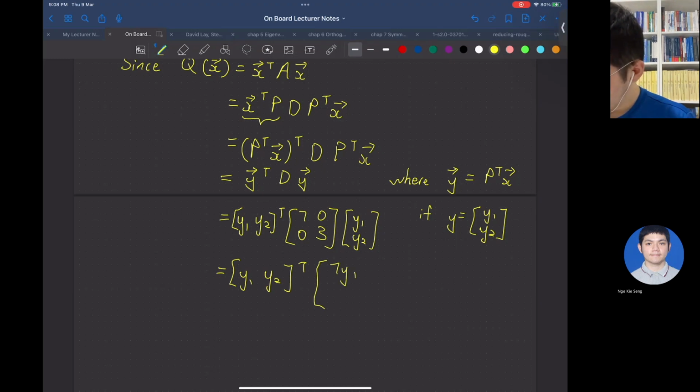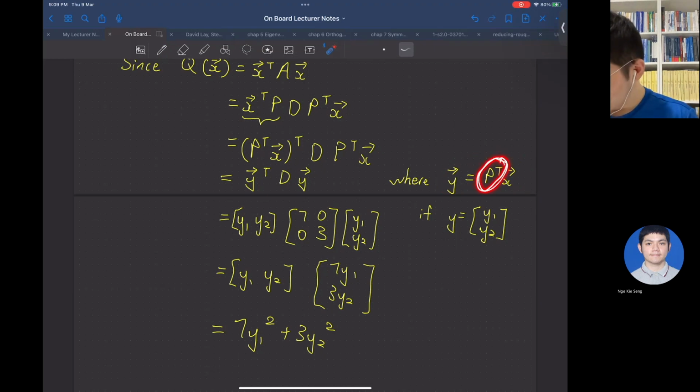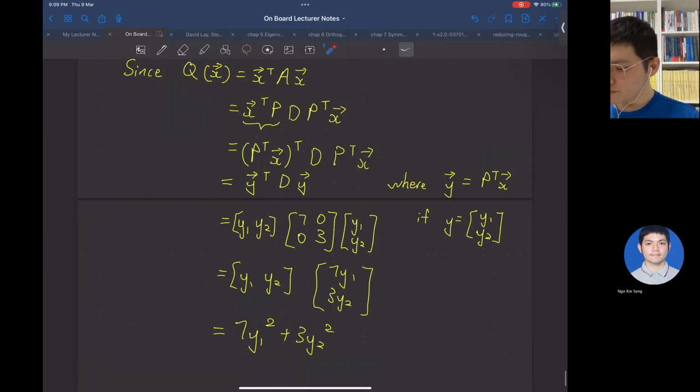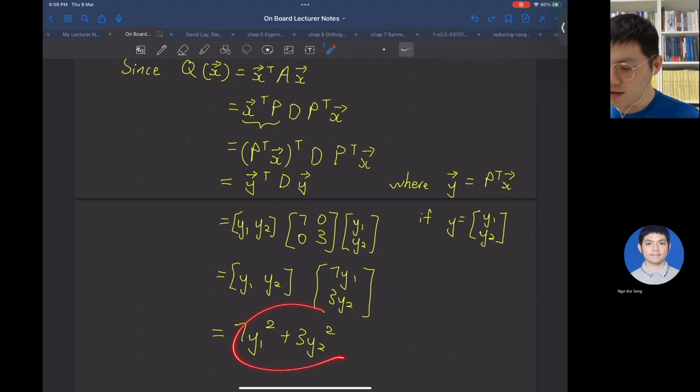We'll get 7y1 squared plus 3y2 squared. Okay. So under this change of variable, where the change of variable matrix is applied on x, then we can transform our Qx into a formula without cross product terms.